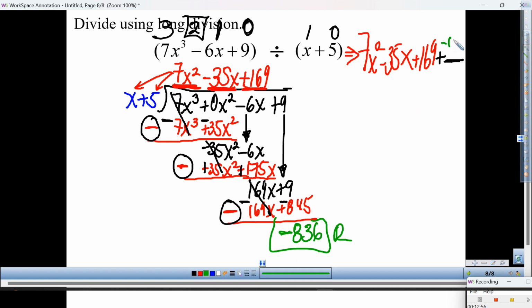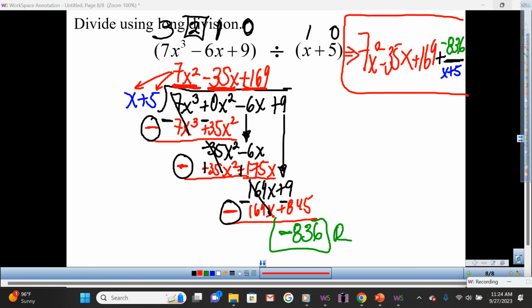Negative 836 over, what is our divisor? X plus 5. And this is our quotient. And that's how I want tonight's homework. So if you have a remainder, you just write it as a fraction over the divisor. Doable, yes, from 1 to 5, comfortable? Yeah, we got it? Okay. Good. All right.